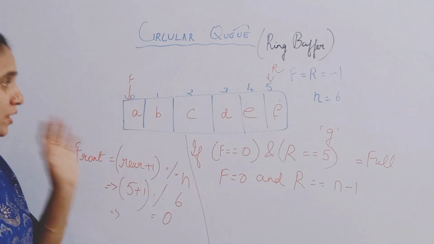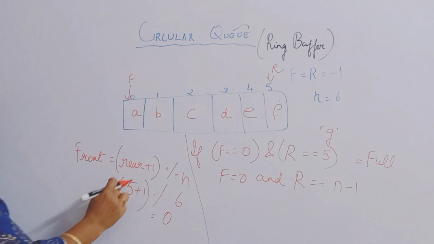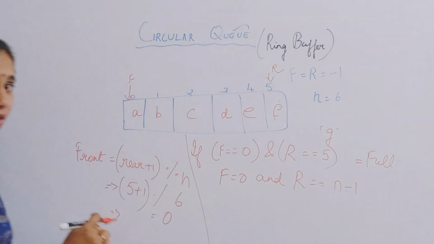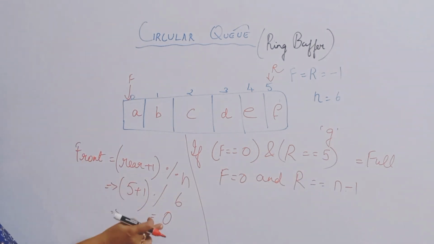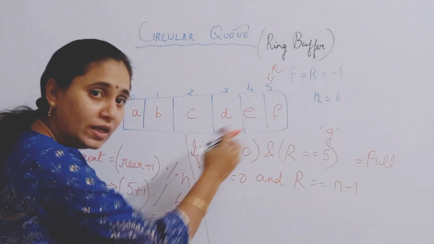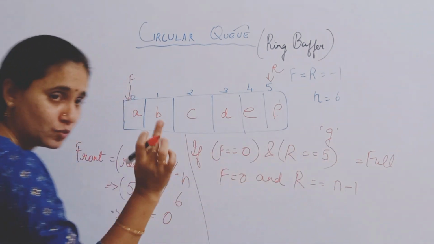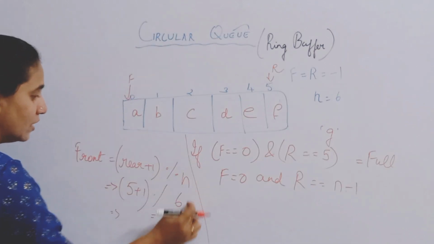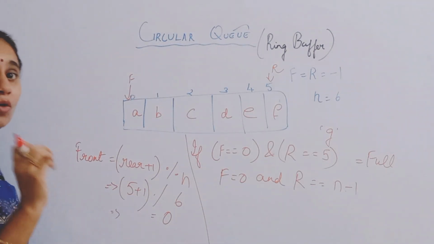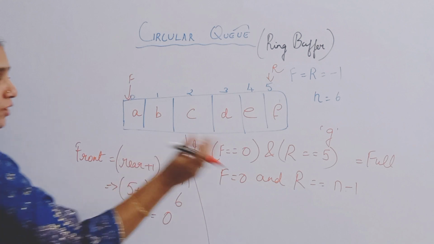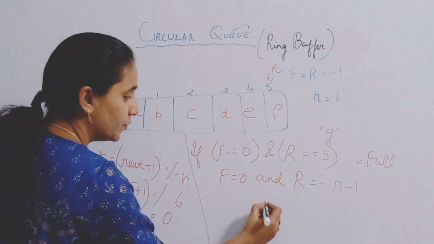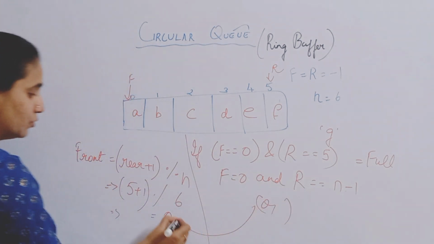So the meaning is, if rear is equal to n minus 1, I am getting the answer as front equal to 0. So this whole condition, front equal to 0 and rear equal to n minus 1, all lies in this one formula. We can use either this condition or this one.